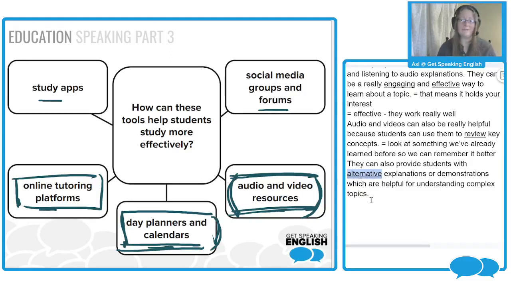So, if something is an alternative, that means that, you know, maybe your teacher explains something one way, but then you can go online and you can find a different explanation that's still explaining the same topic, but it's different. So it helps you maybe grasp the topic better, or you know, maybe you didn't understand your teacher's explanation, but you can find something else that makes more sense, right? So, an alternative, it's basically like another option of doing the same thing in this case.